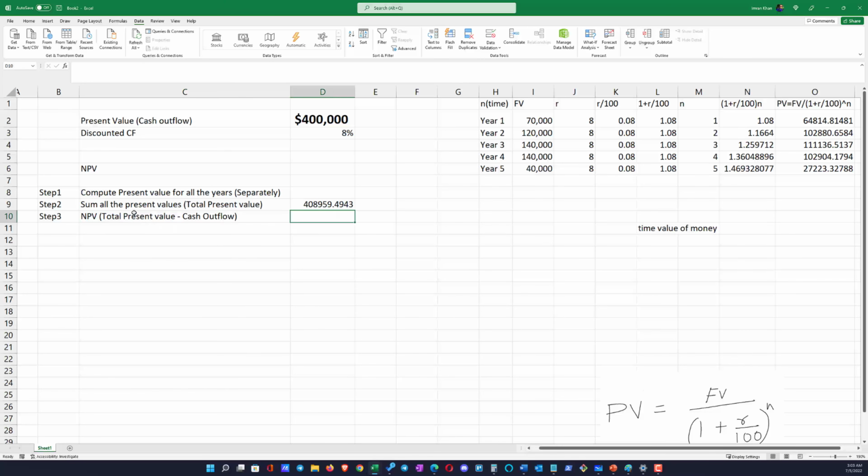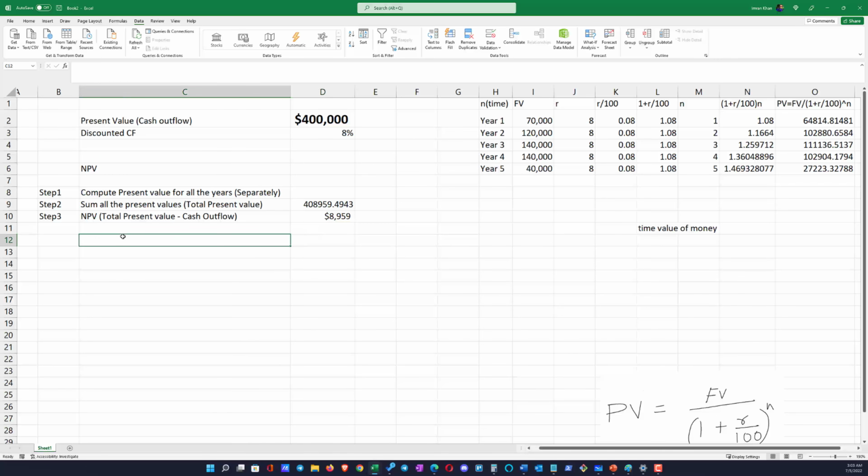Now, how do you compute net present value? We're calling this the total present value, right? Now you need to remove the cash outflow. What is the cash outflow? $400,000. I'll type in 400,000, and it's equal to this minus this, and you get 8,959.